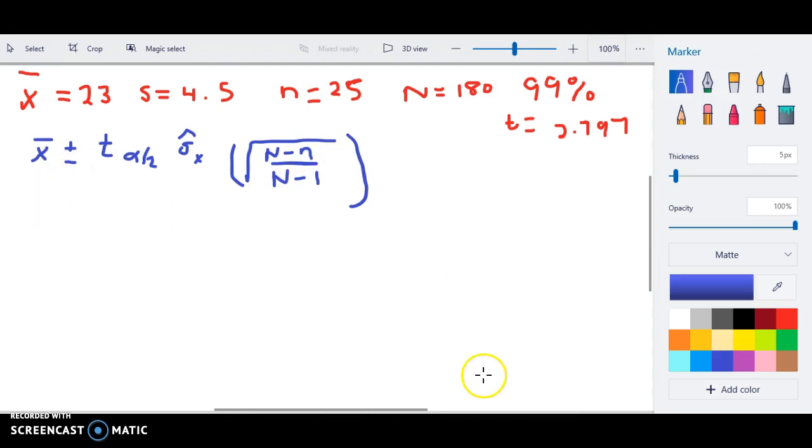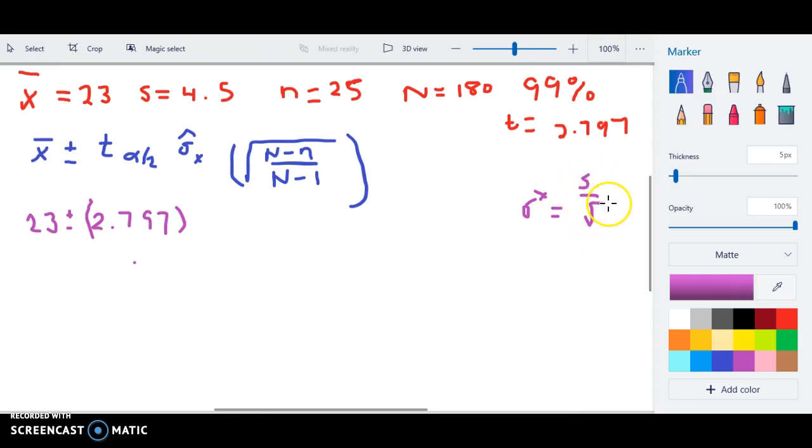Now we basically need to plug everything in. We know that the mean is 23 plus or minus 2.797. And then the standard error of x, I'm going to go over here to the side to calculate that. That is just s divided by the square root of n.